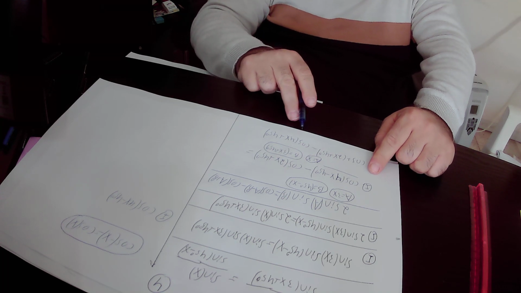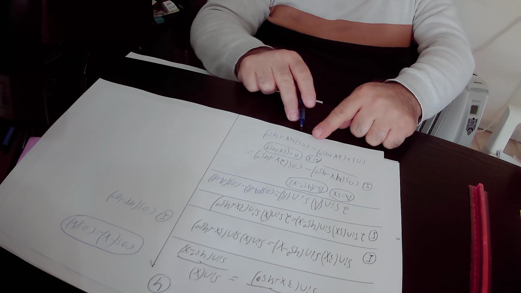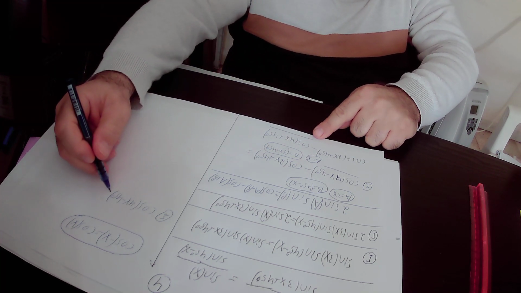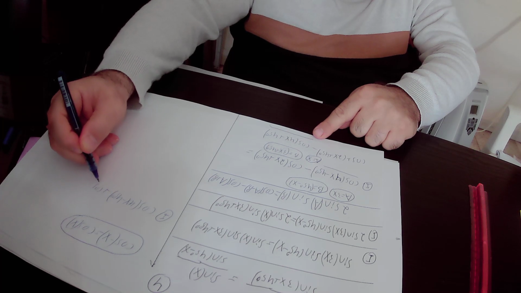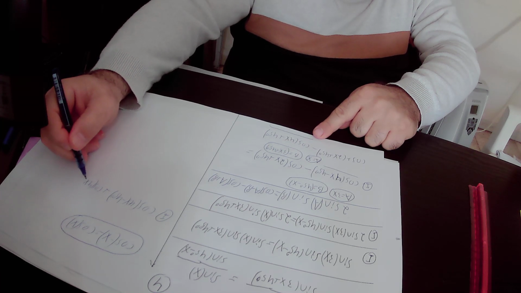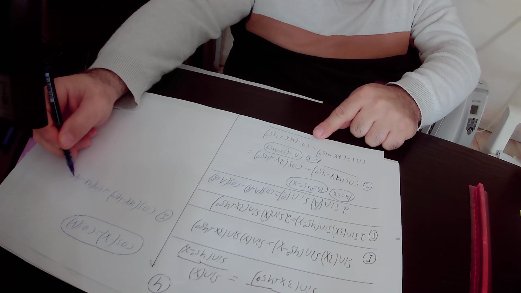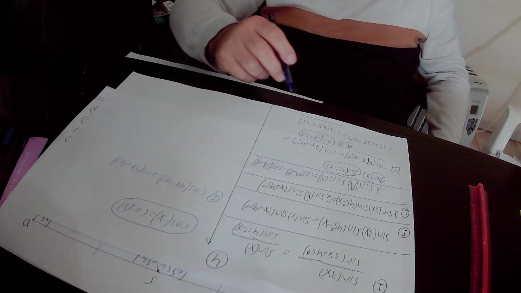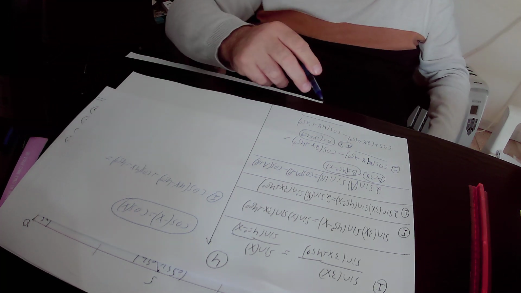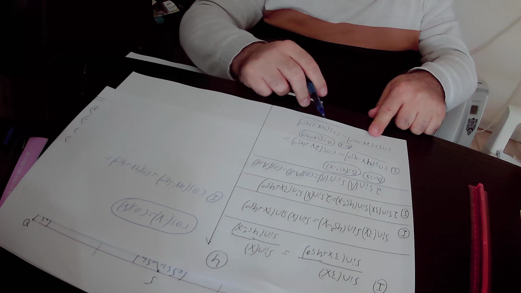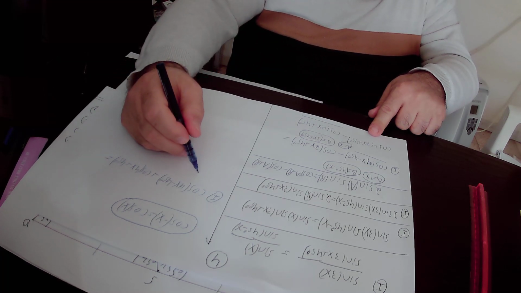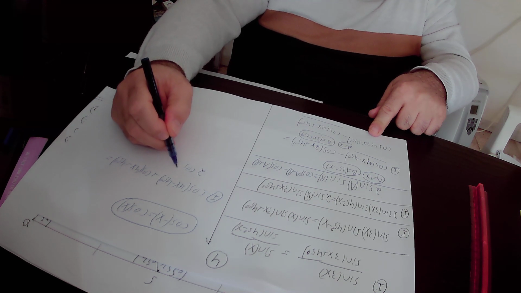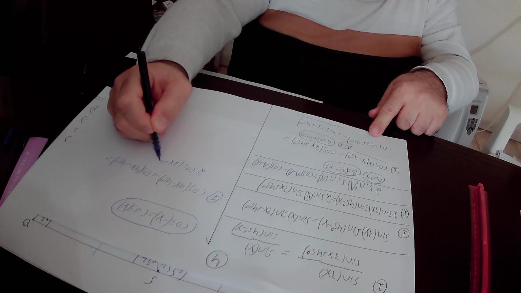so we will add cosine 4x plus 45 degrees, and we will add also cosine 2x plus 45 degrees, and we will get that it equals 2 times cosine 2x plus 45 degrees.